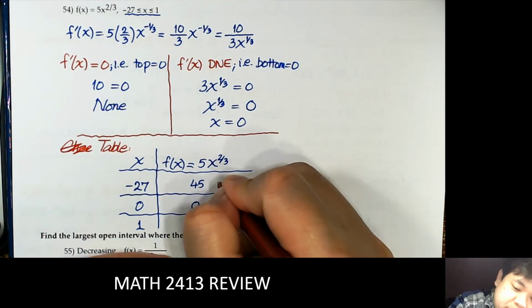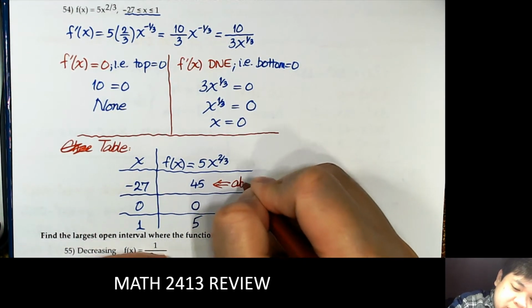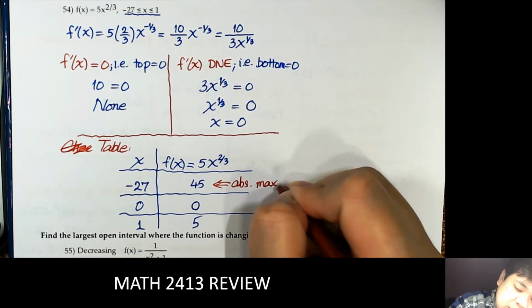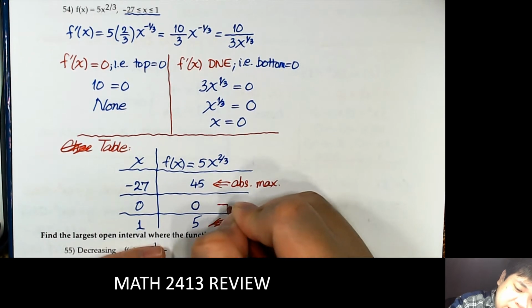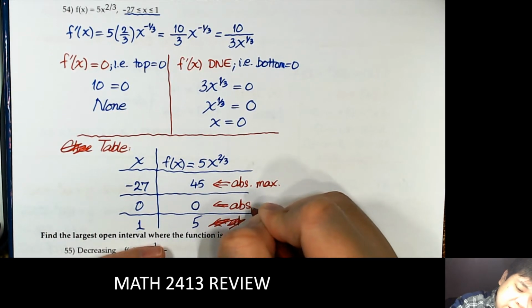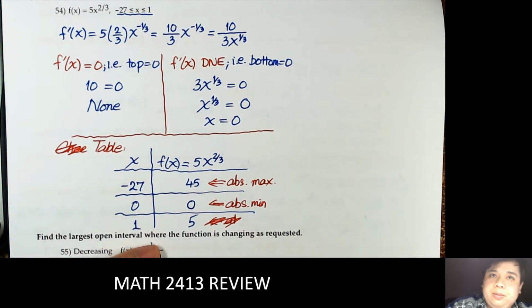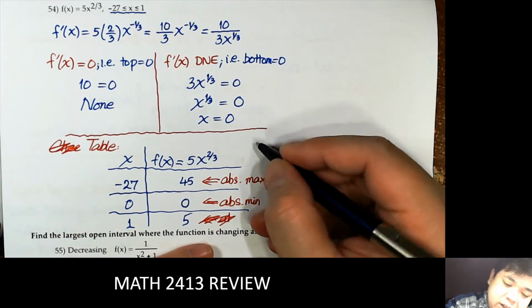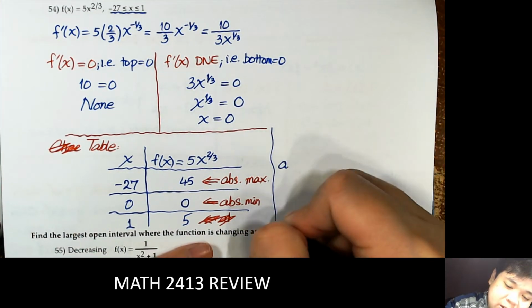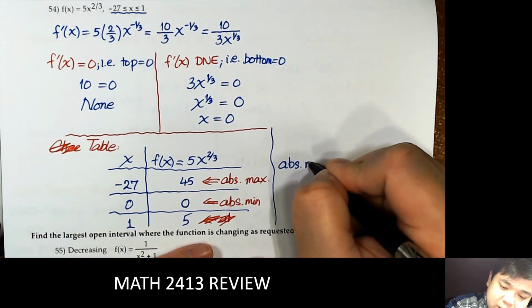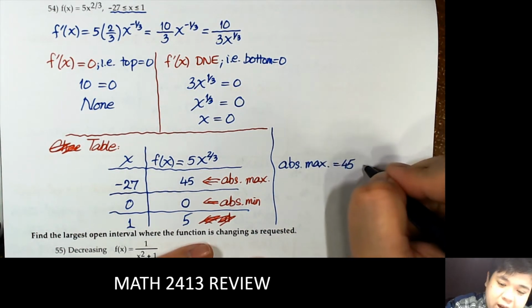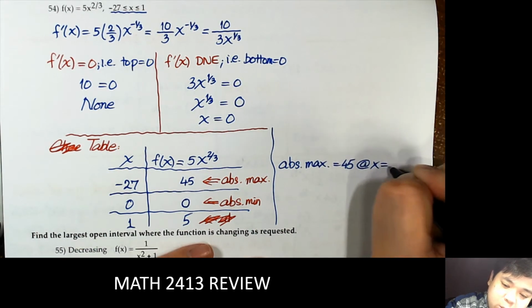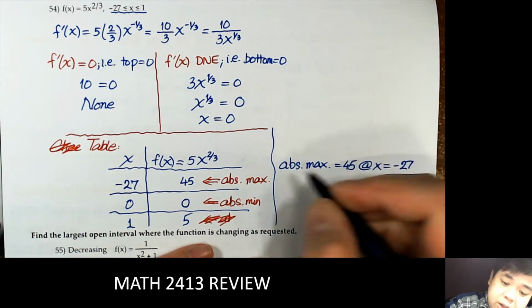And so we have absolute max here, and absolute min, sorry, is here. So we say absolute max equal to 45 at x equal to negative 27.